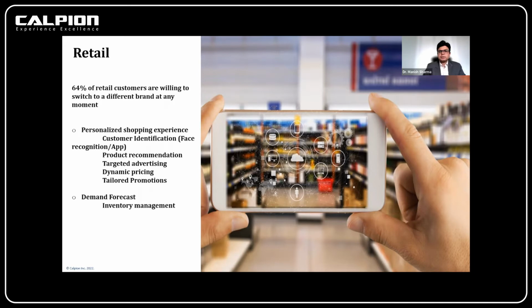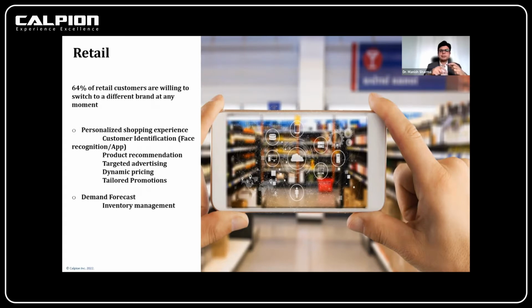What does this mean? Imagine a scenario: a customer walks into the store, and when he steps in, his face image is taken by a camera, and then a face recognition algorithm runs and identifies, oh, this is the customer with this customer ID. With this customer ID the retailer can search history and see what this customer has bought in the past and at what time.